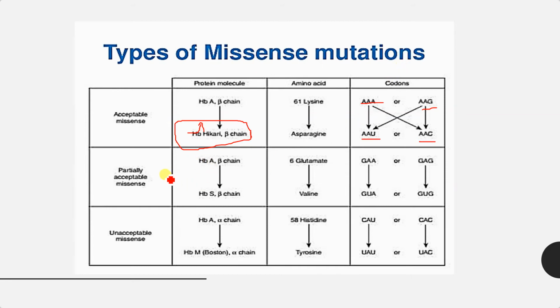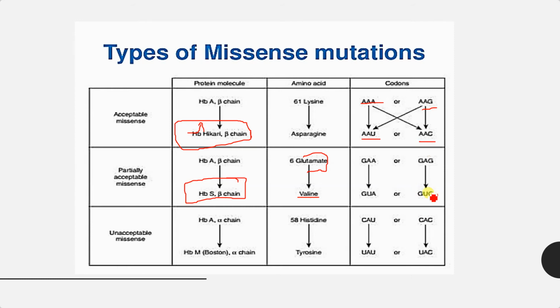And the second one is partially acceptable missense mutation. Here the classical example is sickle cell anemia, where the sixth position of the beta chain of hemoglobin has valine instead of glutamate. This may be due to GAA being substituted with GUA, or GAG being substituted with GUG.